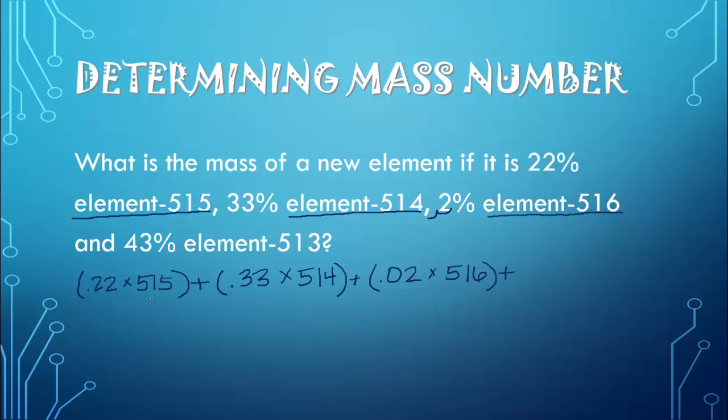And finally, we use our fourth isotope, which is element-513, and we take 0.43 times 513. We plug this all into our calculator, and our answer should give us an average atomic mass, which equals 513.83 AMU.